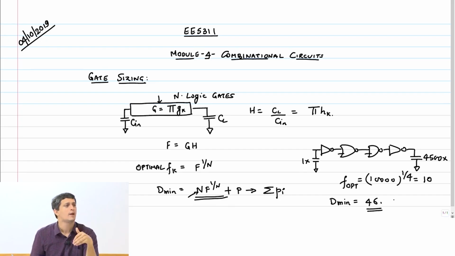But if I am allowed to increase the number of gates, then there is a chance that you can reduce the delay, right? And we discussed yesterday that in order to add any gate on the path, the best gate that you can add is the inverter, because the logical effort is 1. So we are going to now look at the problem of buffer insertion.